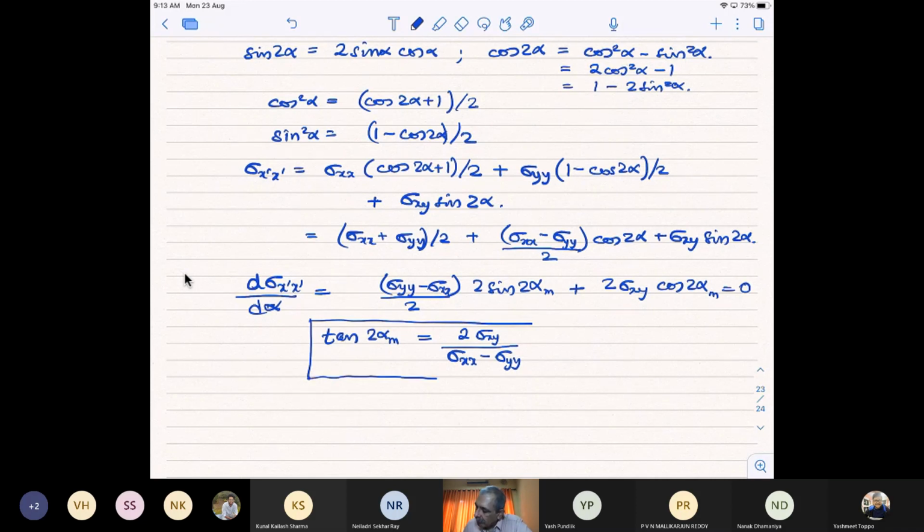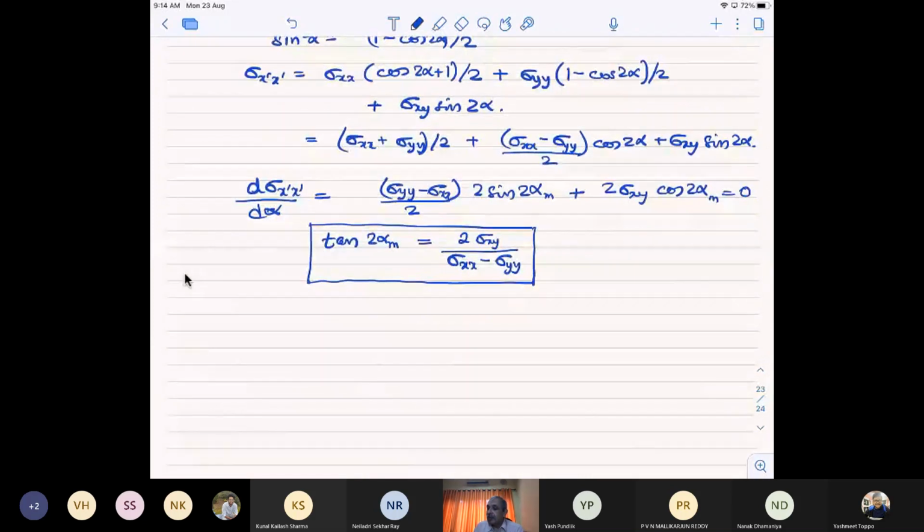So this is what you get. If you are given the components xx, yy, and xy, I can tell you what is the angle at which the solution is either maximum or minimum. Since tan is a periodic function, the solutions are whatever you get plus pi.